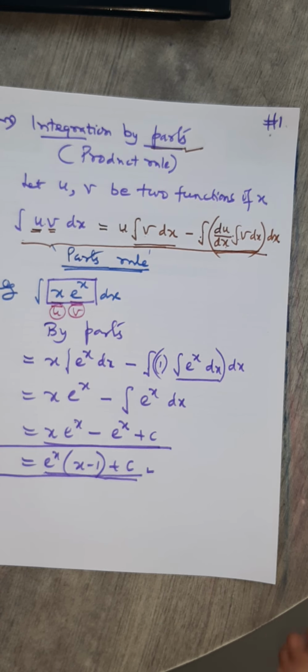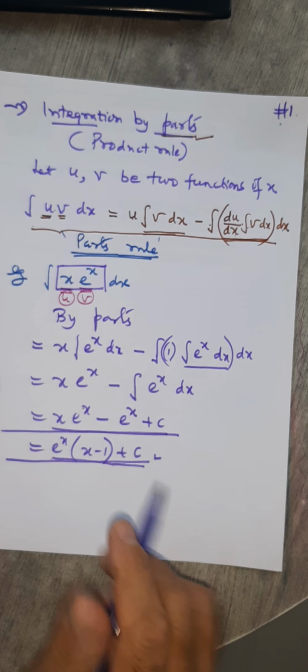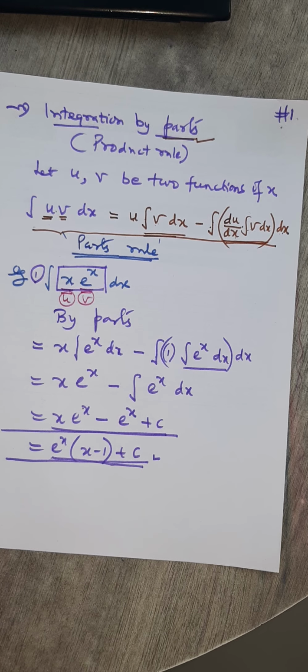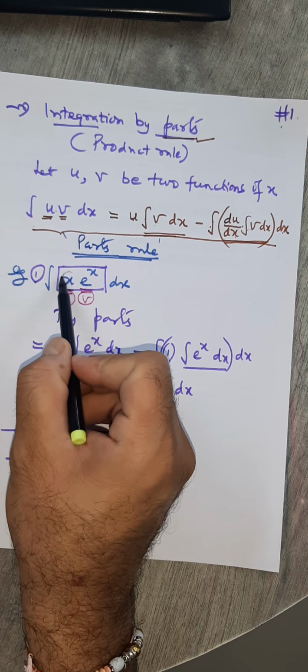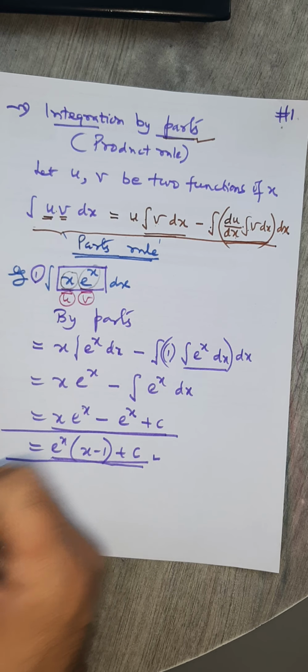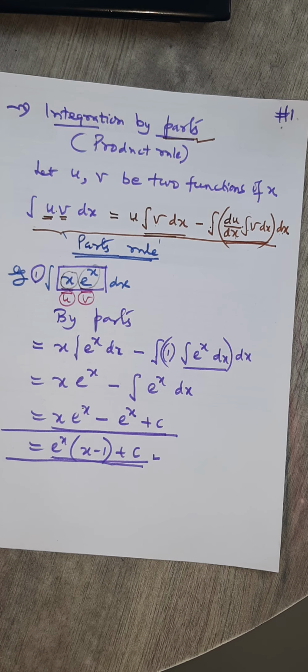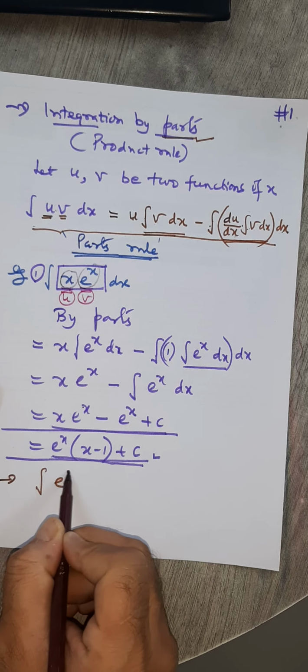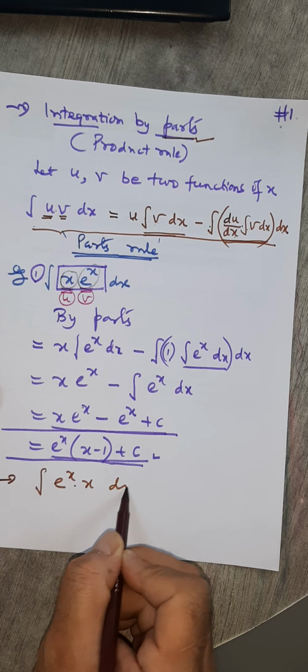Now if you just recall here, I told you in the beginning that you take this as u and this as v. Now the question in our mind is, suppose you are given like this, for example. You are given like this in the question itself, e raised to x first and then x.